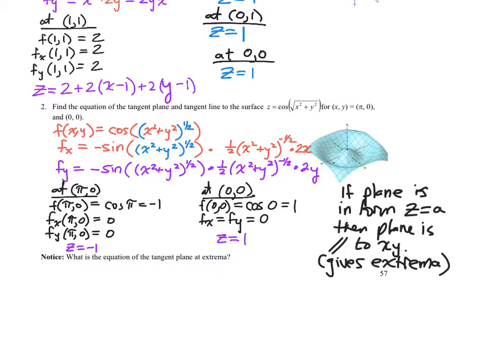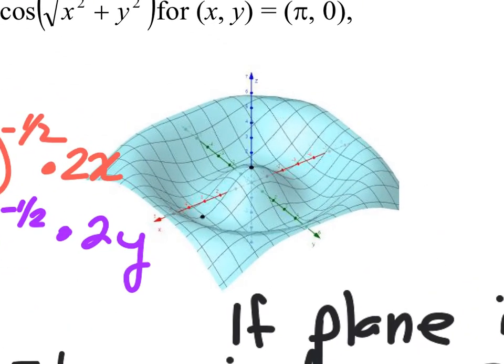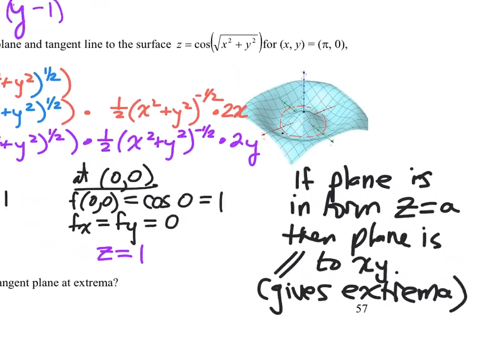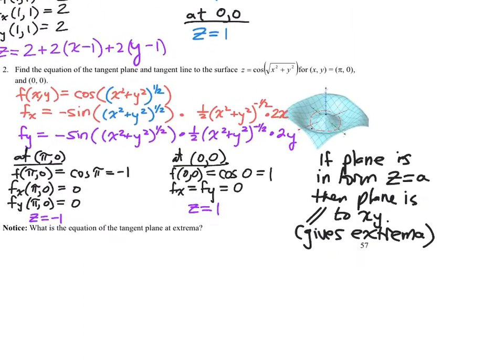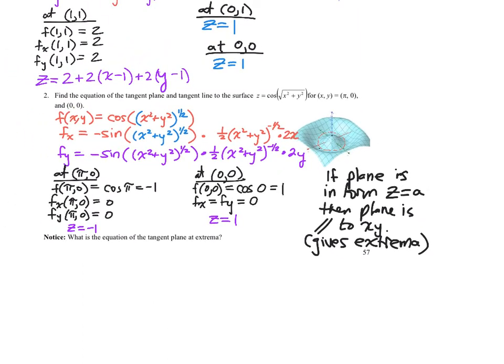All right? At pi, comma 0, which is one of these points along this ring here, it's kind of hard to see, but if I bring it in a little bit, this ring here would be the fold that represents the lowest points along that graph.